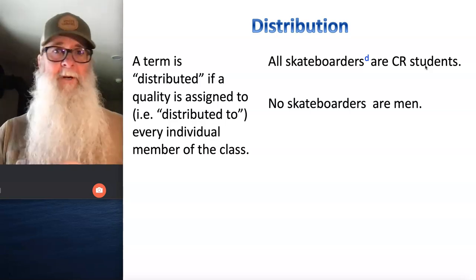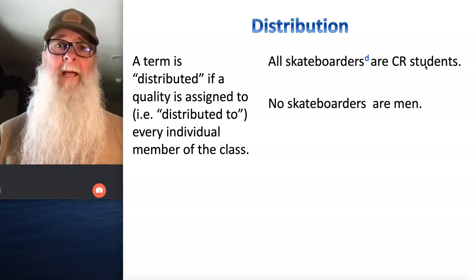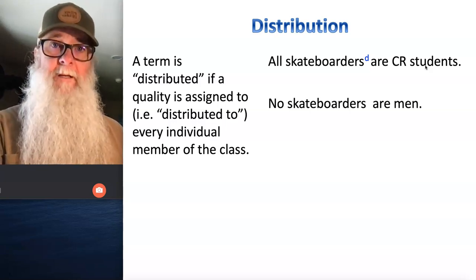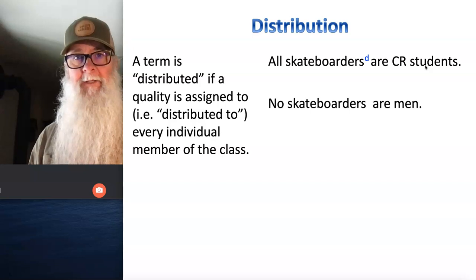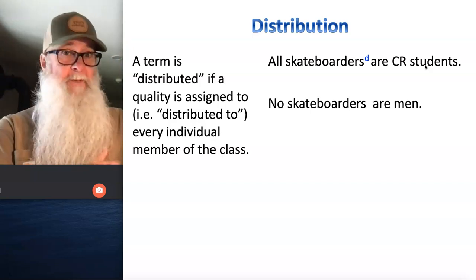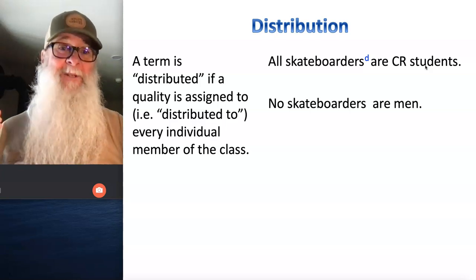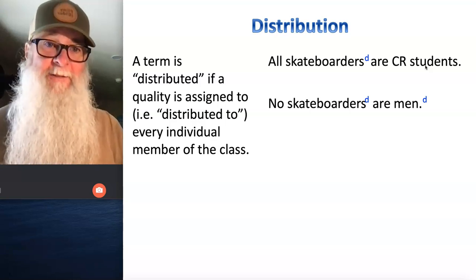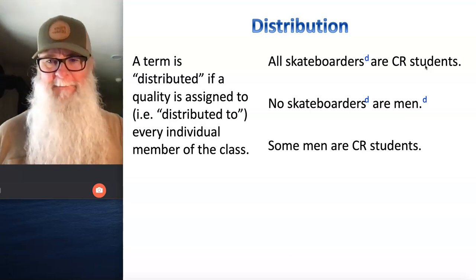None of them are included in the category of men. And the statement is also asserting something about all men. None of them are included in the category of skateboarders, because if they were, it wouldn't be true that no skateboarders are men, because those men would be skateboarders. So this statement is distributing its subject term and its predicate term.